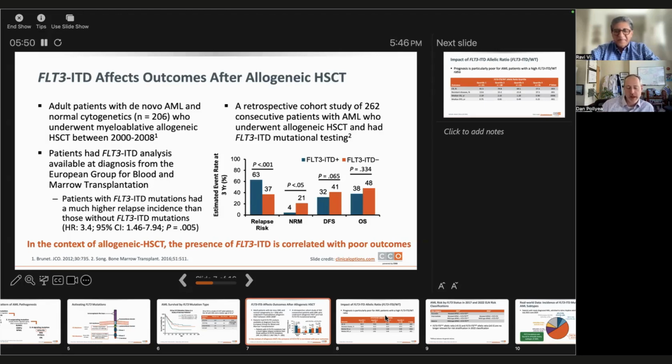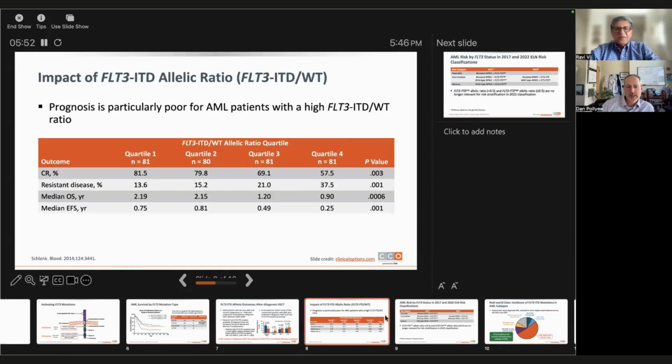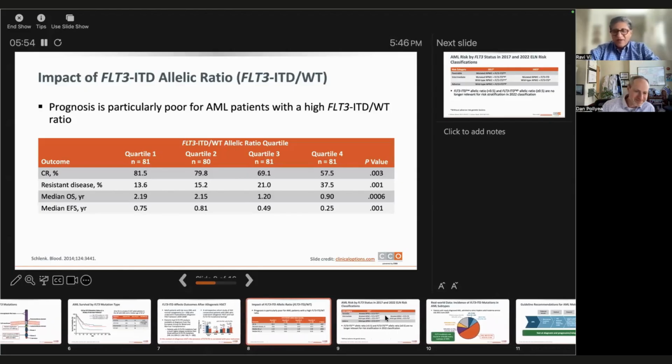So along those lines, you say that not all FLT3 may be as bad. Does the frequency of the mutation matter? Yeah, historically, there's been some data that when you have a FLT3-ITD with a high allelic ratio, so more disease burden with the FLT3, those patients did worse.